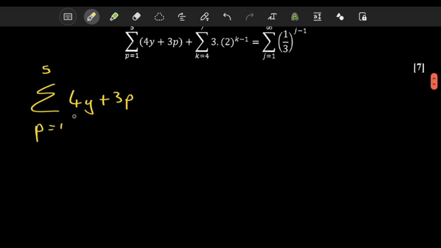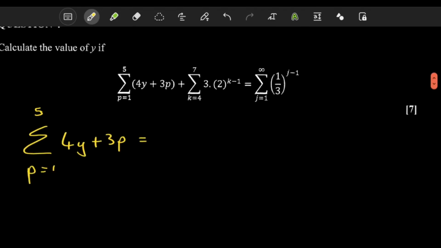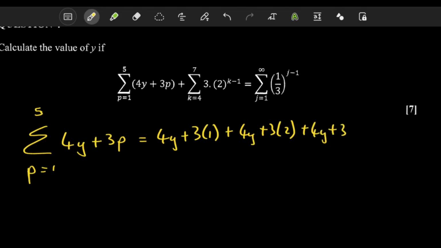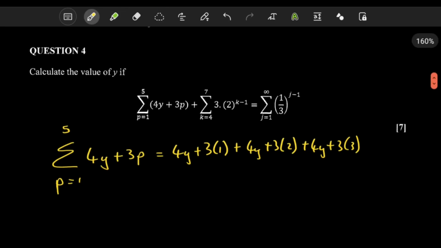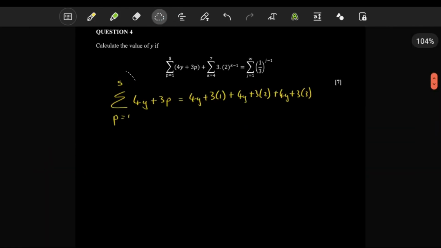So let's do that. This is just the same as 4y plus 3 with a 1 there. And then we're going to have 4y plus 3 with a 2 there. And then we do it until 5. And then 4y plus 3 with a 3. Let me write this a bit smaller so that it fits.